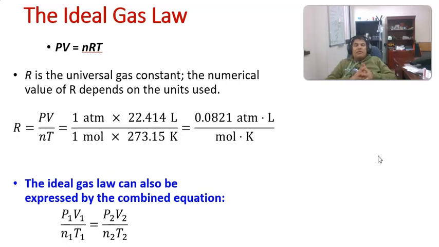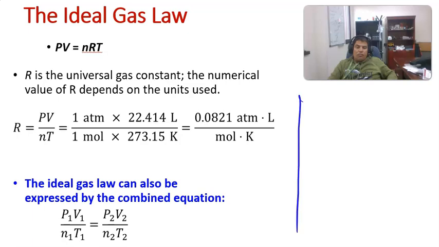Now what is the ideal gas law? Ideal gas means a gas that follows ideal behavior. Ideal gas means a non-interacting gas. It has zero interaction with any other particle. So its volume is zero. What is the ideal gas?